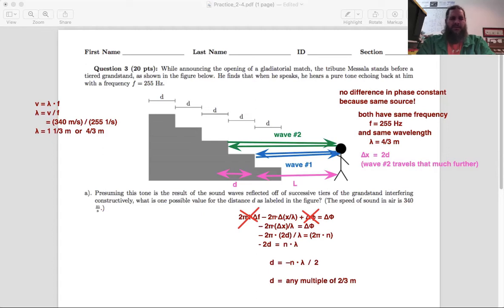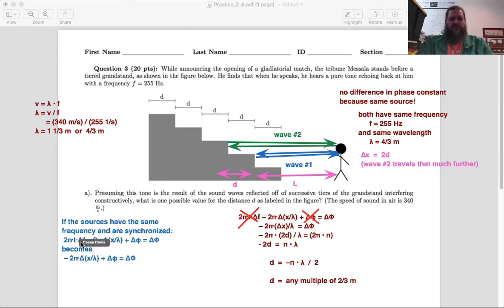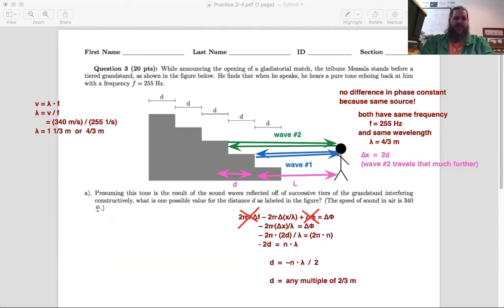The frequency term is gone because there's no difference in frequency. The phase shift term is gone, the delta little phi, because the two sources are synchronized, so there's no difference in phase shift. So that means the delta total phase just becomes -2 pi times delta x over lambda. And the lambda can also be factored out because it will also be constant.